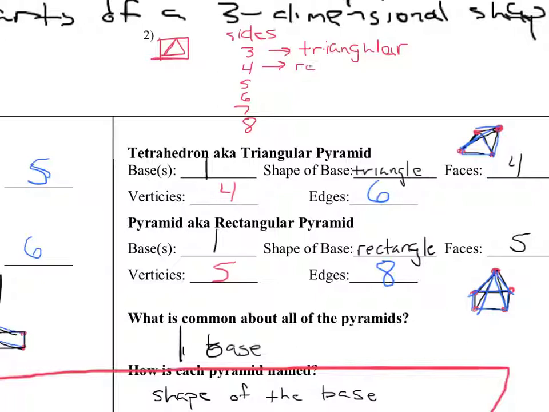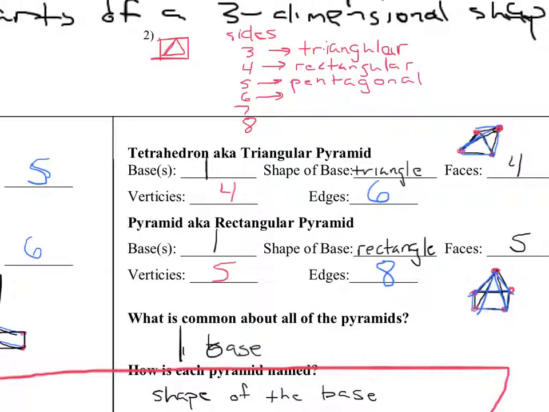We're going to call them rectangular. A 5-sided shape is called a pentagon, so it would be pentagonal.